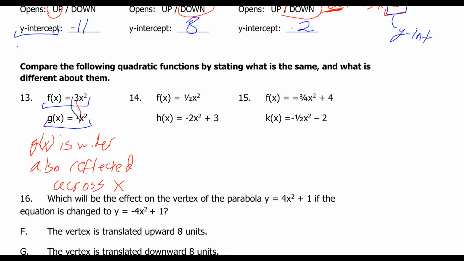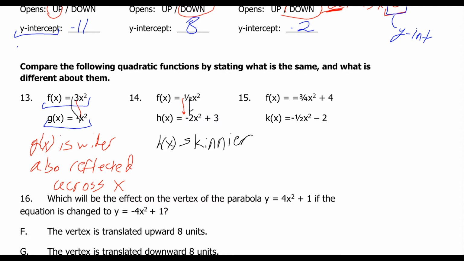So on number 14, we can see that the number on the front has increased, therefore it's going to be skinnier, so h of x is skinnier. But if you also notice, the number on the front went from being positive to being negative.